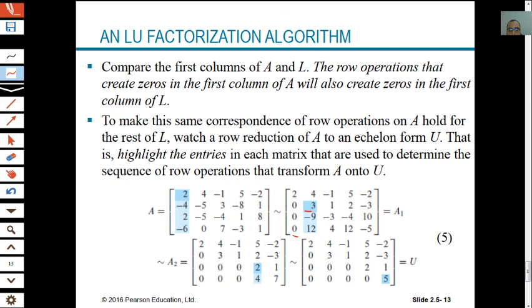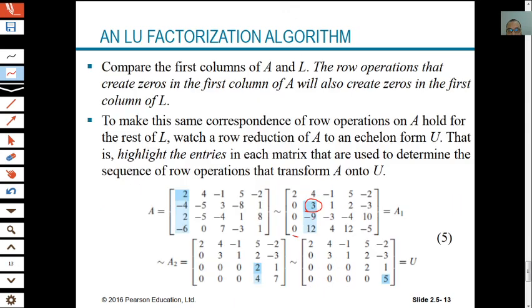We find the second pivot, which is 3, after the row operations. And similarly, we should get 1 for 3, and we apply the same operation for the other entries below the pivot position, namely minus 9 and 12.